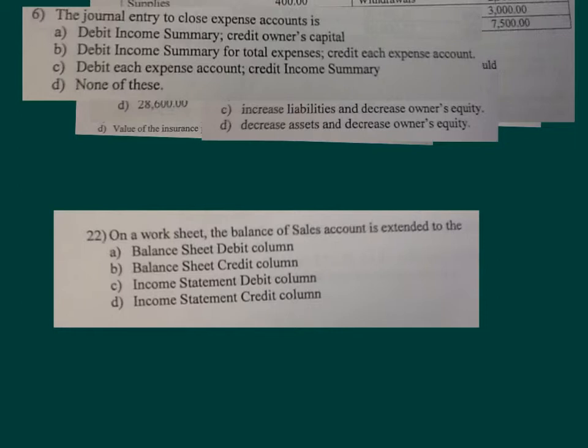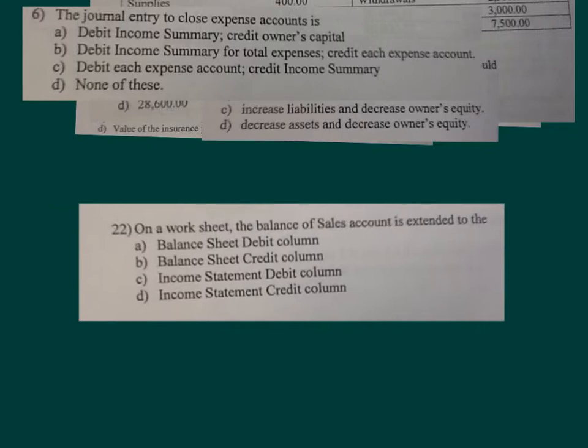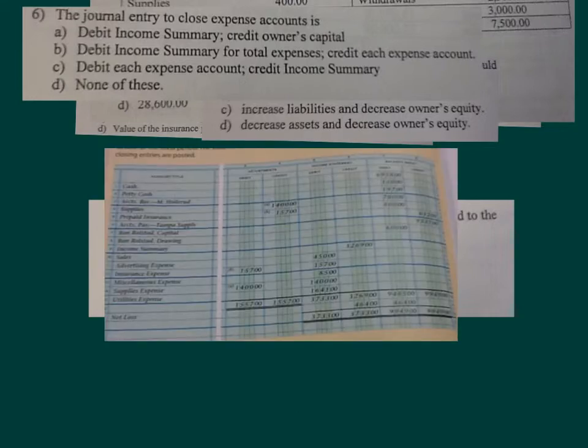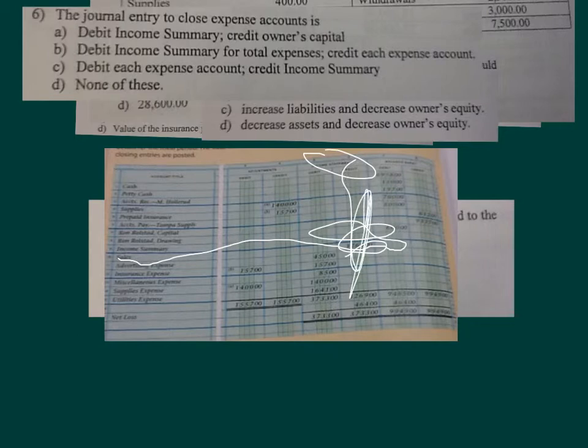It is wrong because it's not the debit column, it is the credit column, because in the book it has sales and it extends over to the income statement credit column, which I will show you a picture of. As you can see right here, there's sales, and you go over, and this is the income statement credit side. So there you have that, straight from the book.